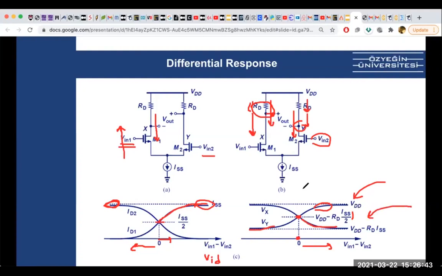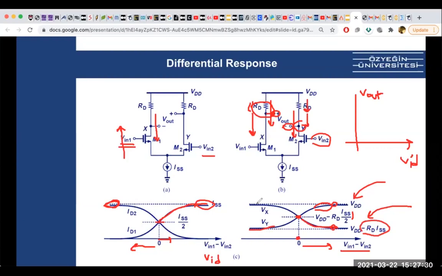When I tell you to draw the characteristics of the circuit, what you draw is the input, your VID, and the output, your Vout. Looking at this, your Vout is actually the difference, plus or minus. Let's look here: this is VDD minus RD ISS minus VDD, which becomes minus RD ISS, so VDD is cancelled.